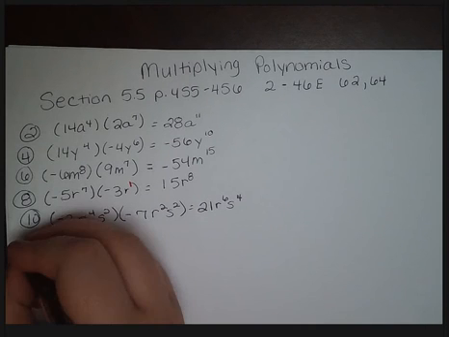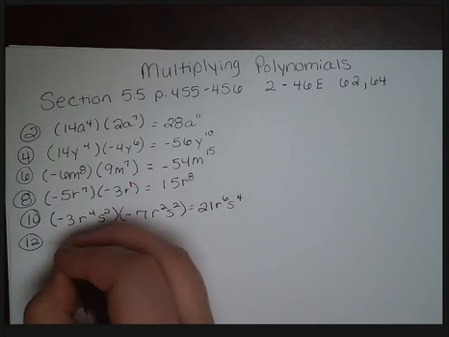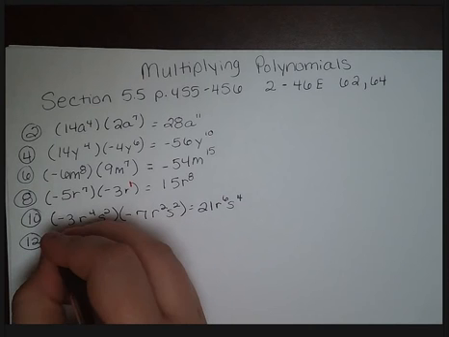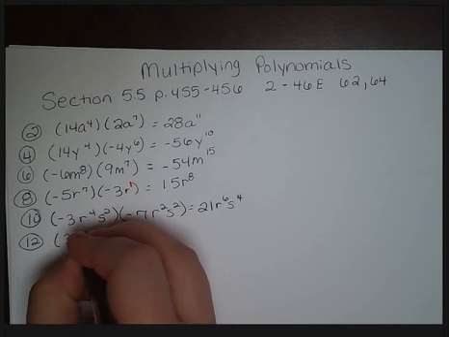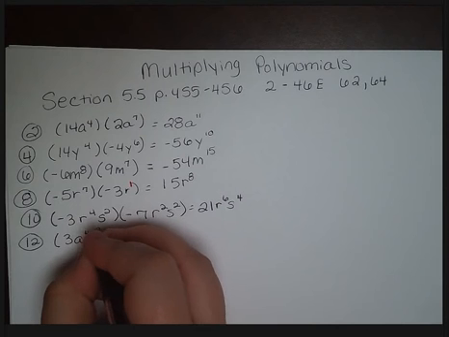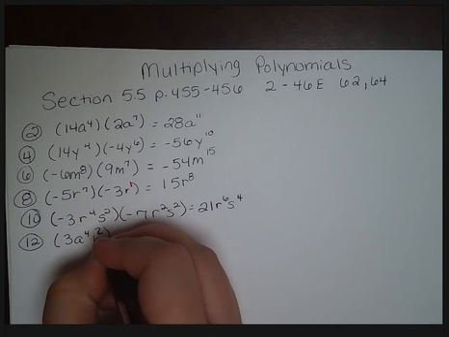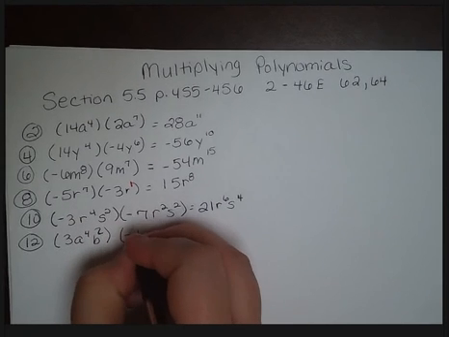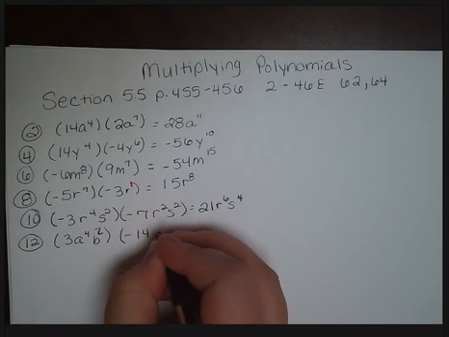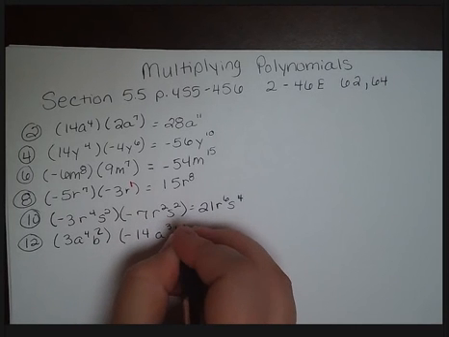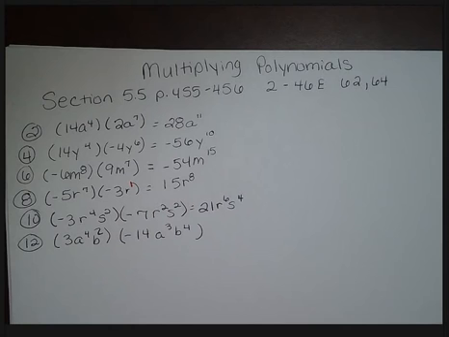Number 12. On number 12, we have 3a to the 4b squared times negative 14 a to the 3rd b to the 4th.